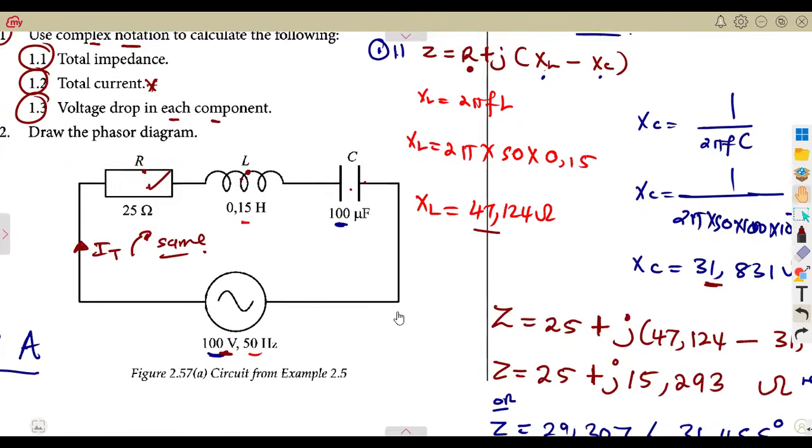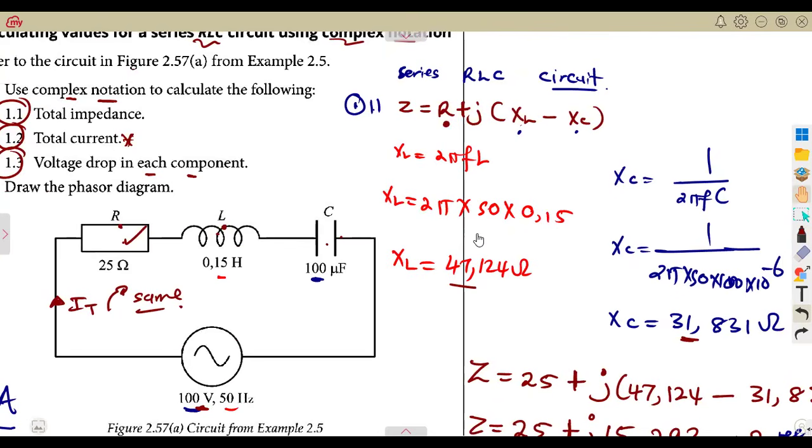On these reactances you are supposed to be very, very careful. Remember when I referred in the introduction to a purely inductive part: the XL that we are seeing here, 47.124, is taken at an angle of positive 90 degrees.